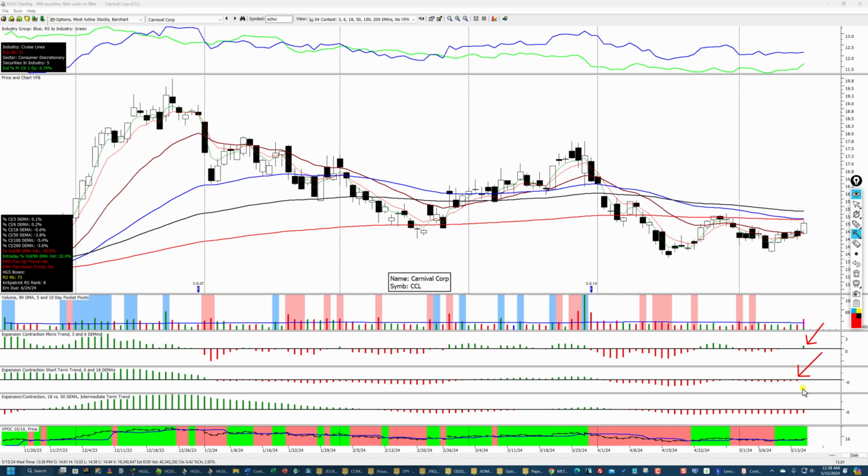3-6 only. The 6 and the 18 have not crossed, and the 1850 have not crossed, but we do have a positive volume point of control. You can also see that the projected volume today is above the moving average.